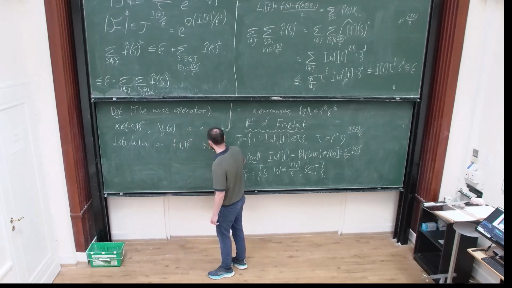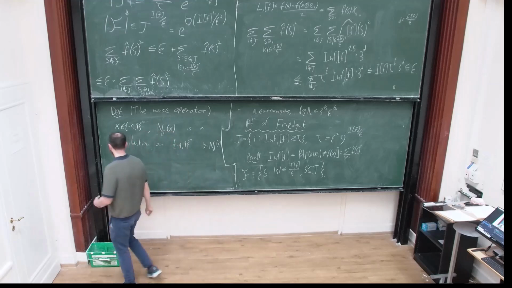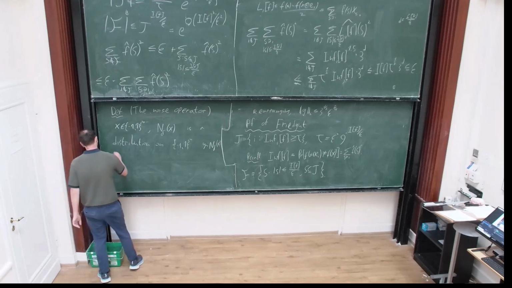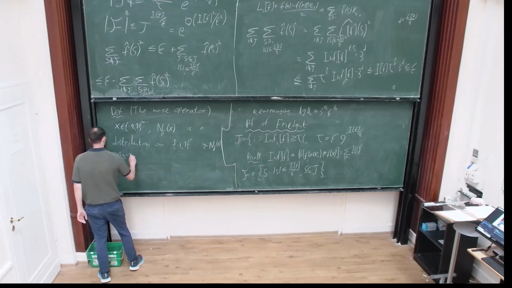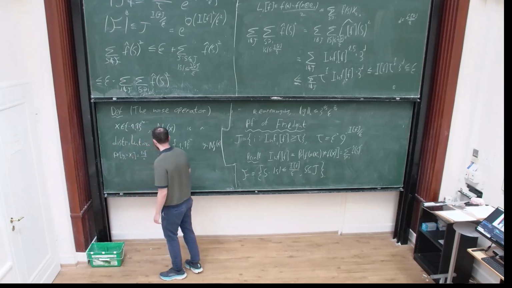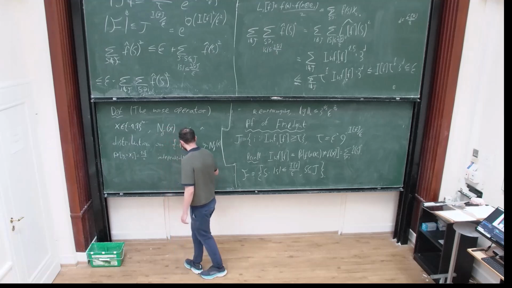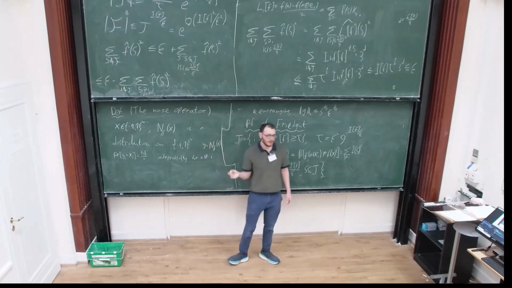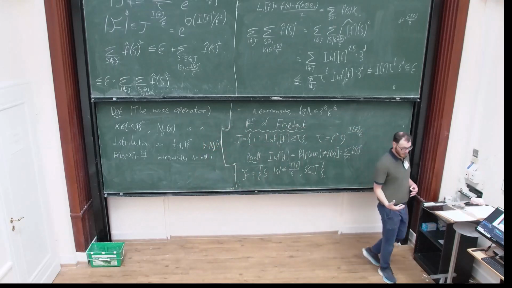Where we choose y correlated to x. So the probability that y_i is equal to x_i is (1 plus delta) over 2, independently for each i. So if delta is 1, you choose y to be equal to x.